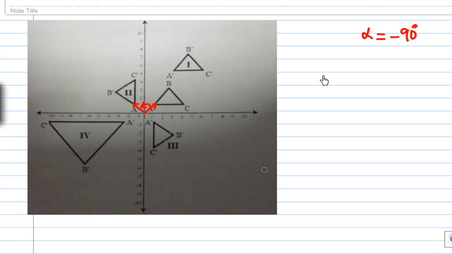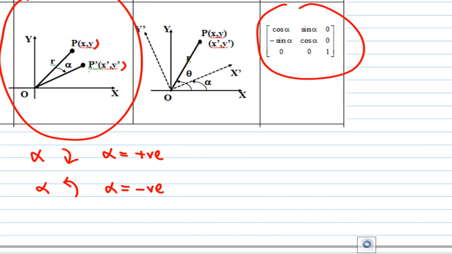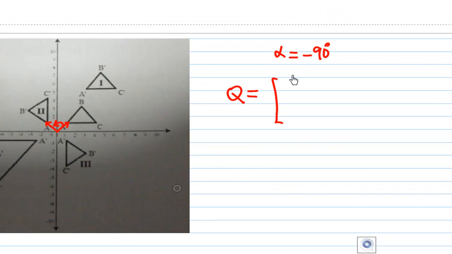Hence, the matrix for Q according to the notes is cosine alpha, sine alpha, minus sine alpha, cosine alpha, then 0, 0, 1 in the last row and last column.